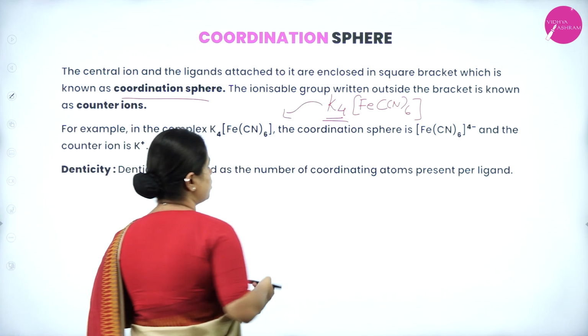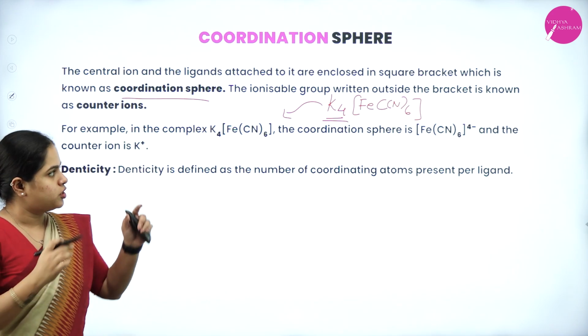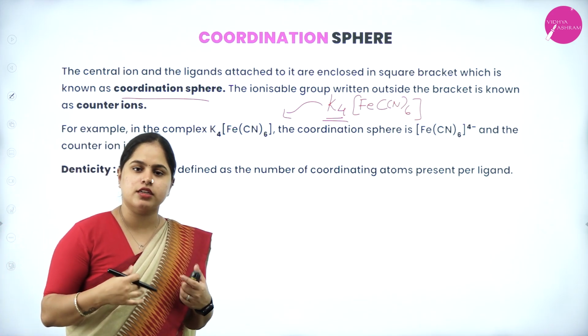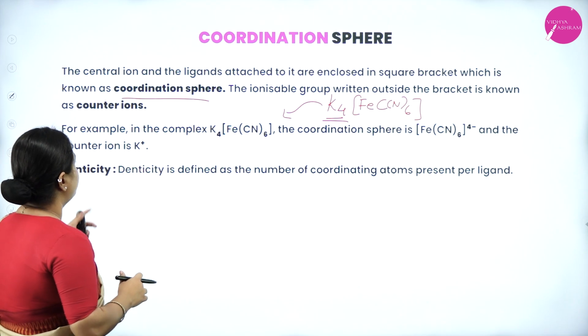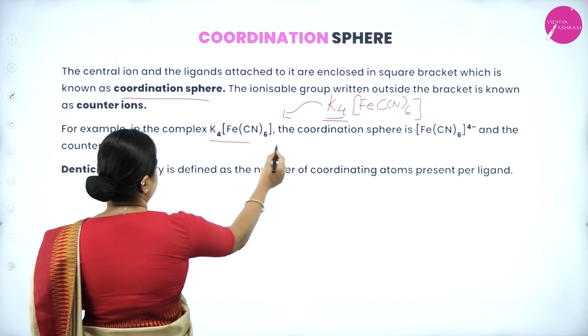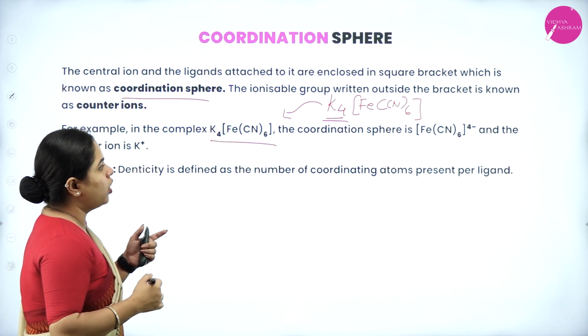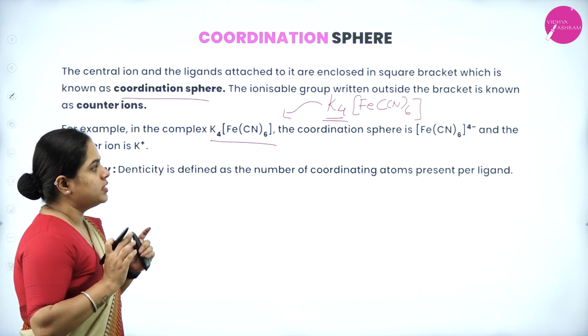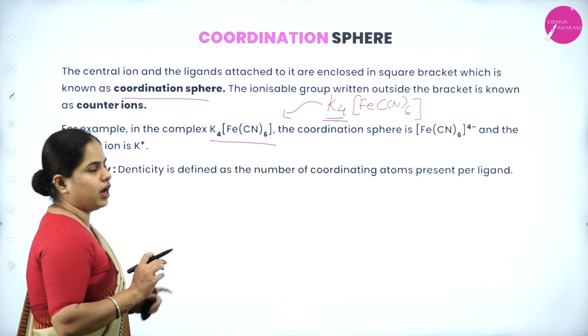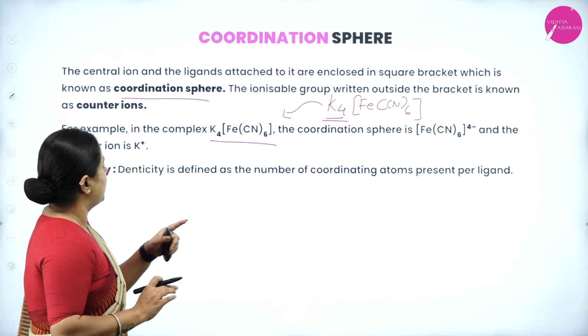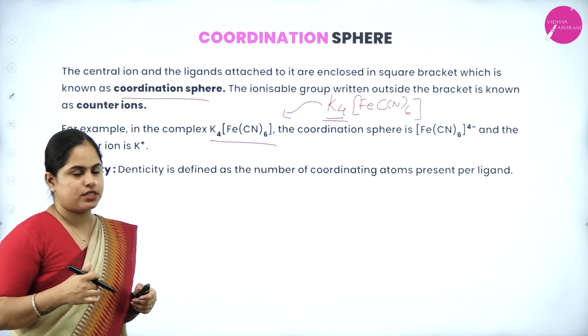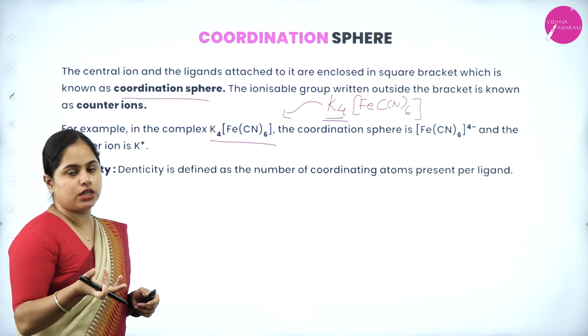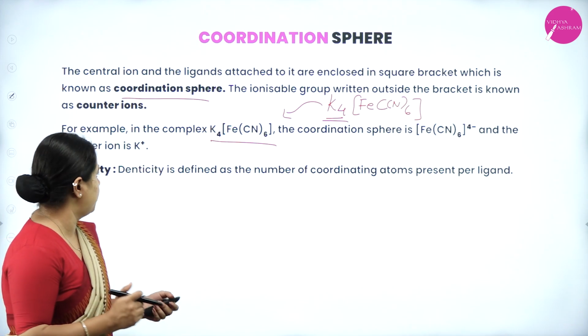Even we have discussed about this. This is called as the counter ion, right? So whatever is enclosed in the square bracket, it is called as the coordination sphere. For example, in the complex, as you can see here, K4[Fe(CN)6], the coordination sphere is [Fe(CN)6]4-, that is the charge on the coordination sphere, and the counter ion is K+. So how this charge or oxidation number we are determining, we are going to study in the upcoming slides.